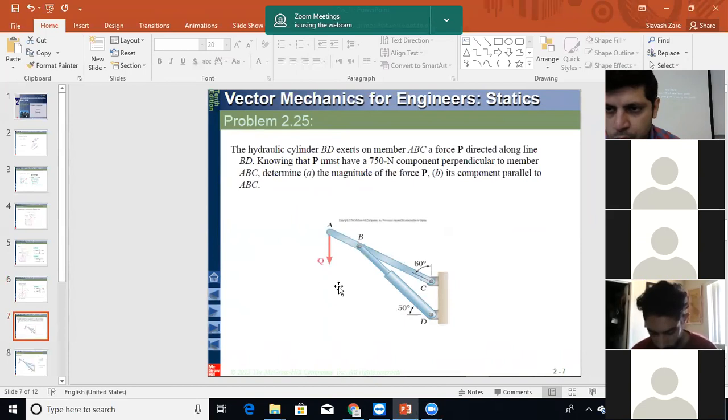When you know this component, it's just a hint. It's better to draw your reference frame with respect to that component.